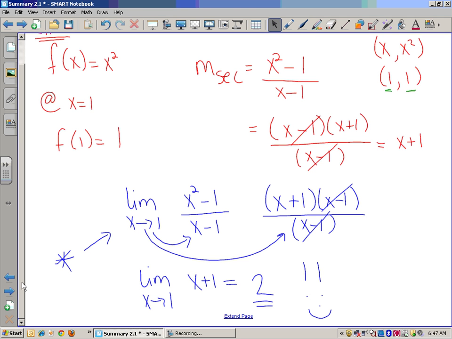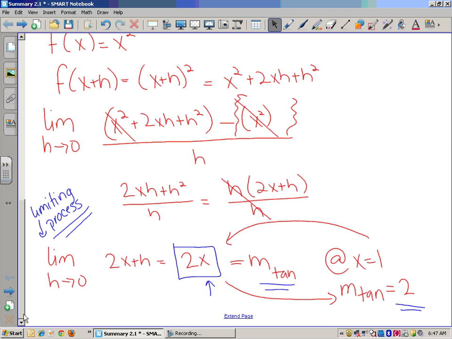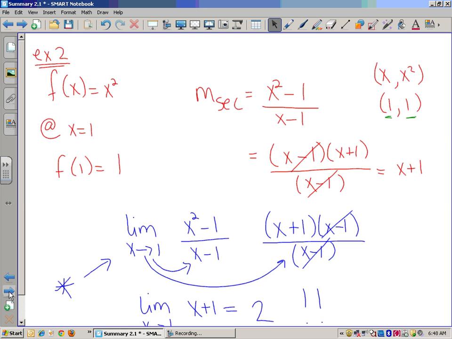In the previous example, I used an arbitrary distance h, so that second point was f of x plus h. I could have called it f of x2, f of x5, f of x whatever. Regardless of the notation, the idea is that you're finding the limit as you approach that second dot really, really close to the one you want.